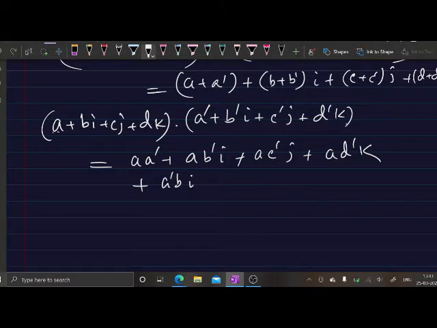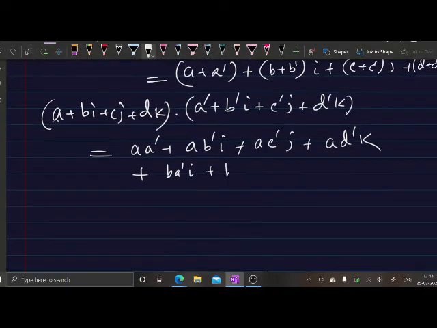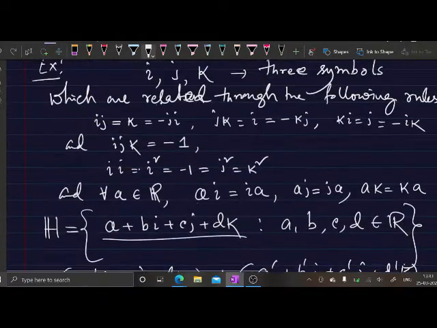Secondly, bi b dash i, that means b b dashed, and then it is i square, so that means it is minus 1, right? i square is minus 1.